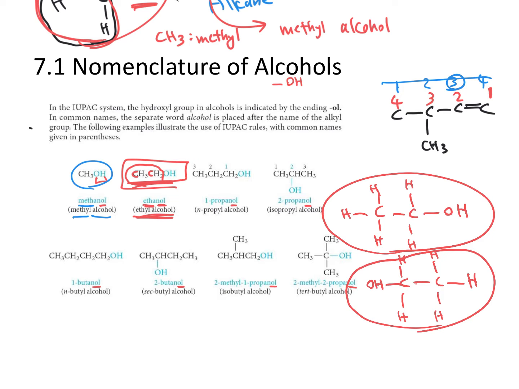Okay, but here, for instance, when you have more carbons, I have CH3, CH2, CH2, OH. So here I should number the carbons, and I say this is 1-propanol, because if I attach OH here, that would be a different structure. These are not exactly the same. Does that make sense?